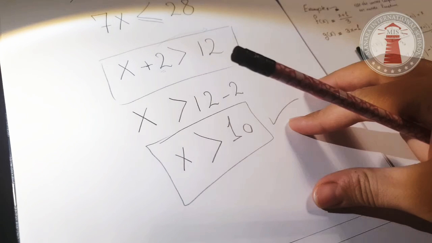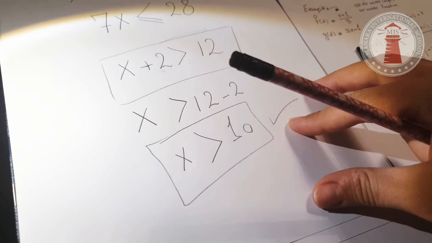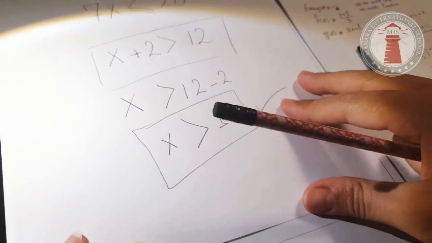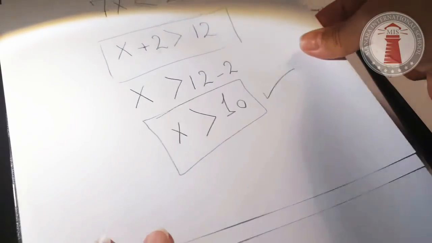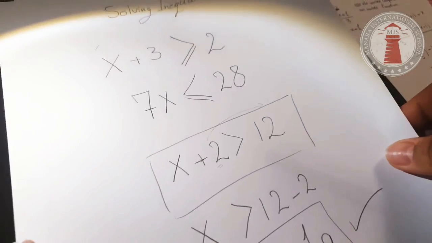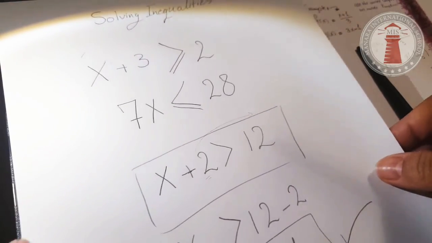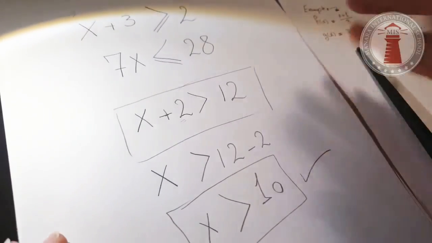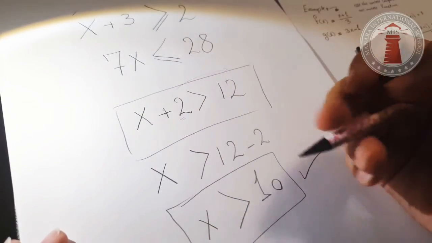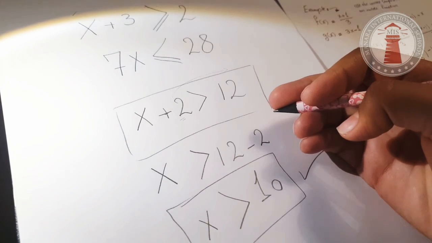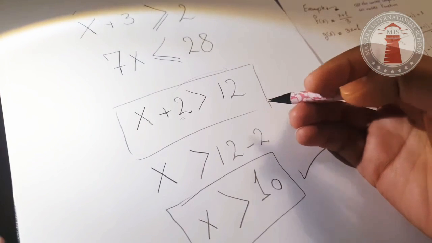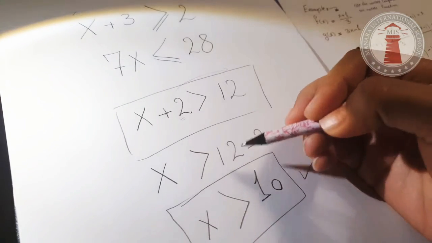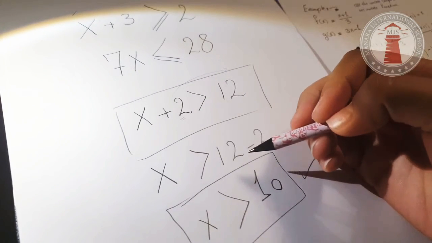Now there's one point that you need to take care of when you're solving inequalities. Using normal equations, we can add numbers to both sides, we can subtract numbers from both sides, we can multiply both sides by a constant, and we can divide both sides by a number.